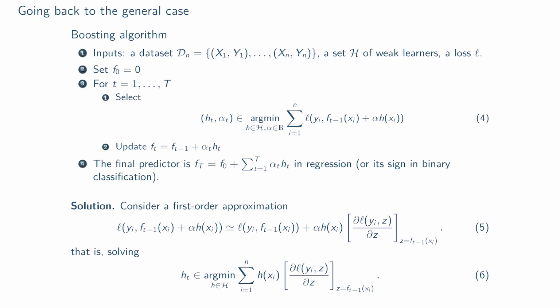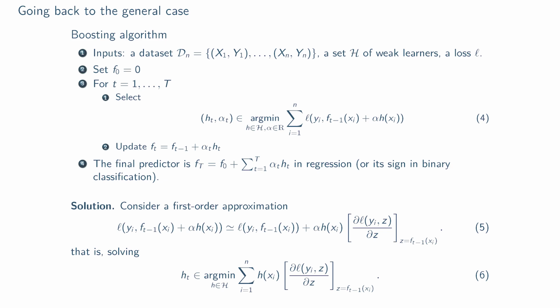Under this assumption, note that the right-hand term in equation 5 decomposes into two parts. The first does not depend on either alpha or h, and the second involves the derivative of the loss with respect to the second variable, evaluated at f t-1 of xi, the prediction provided by the current aggregated predictor at xi.